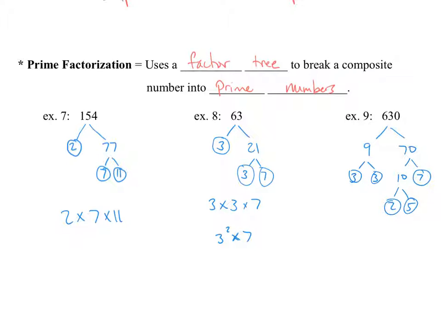When you write your prime factorization, write the smallest number first. So 2 times 3 times 3 times 5 times 7. I can write it shorter: 2 times 3 squared times 5 times 7.